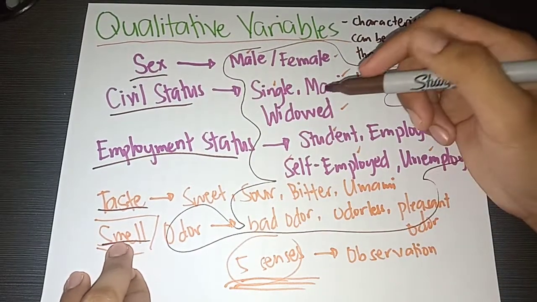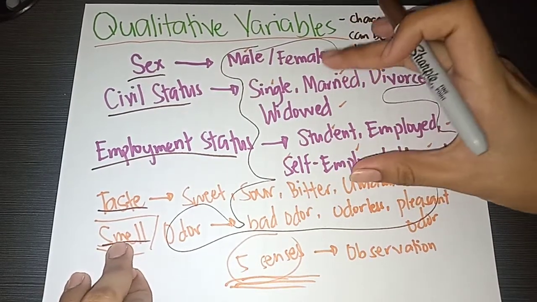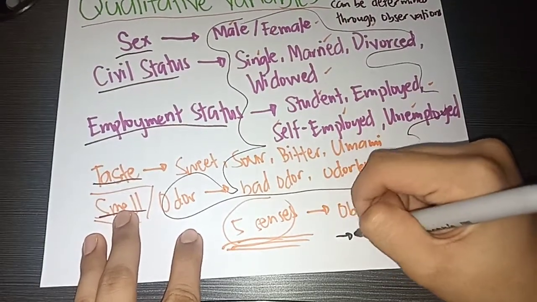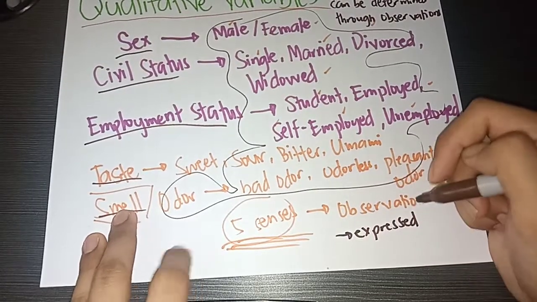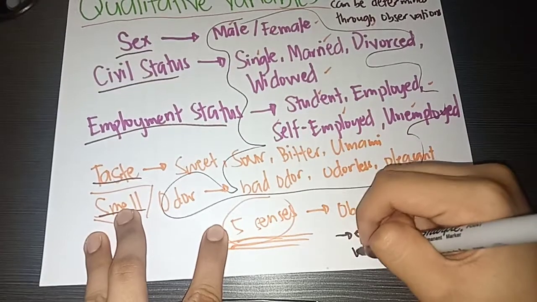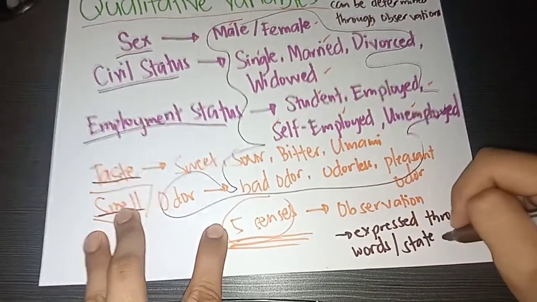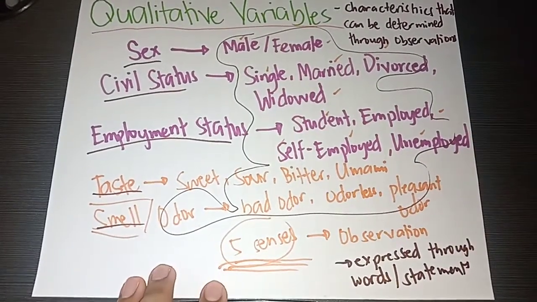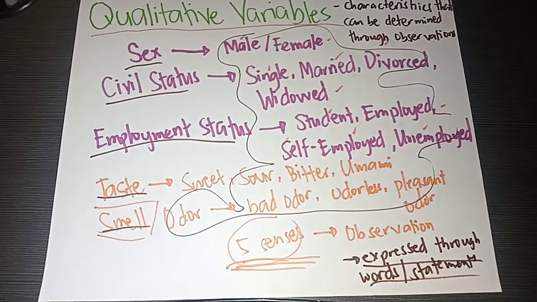The possible values for the set of characteristics of qualitative variables are expressed or presented through the use of words, through words or statements. So, qualitative variables have possible values expressed through words or statements.